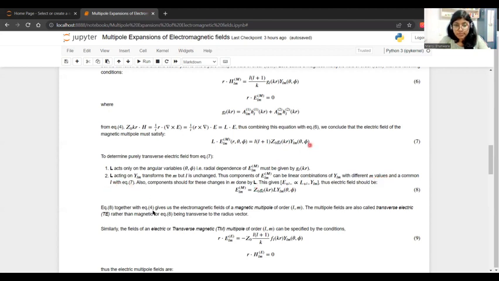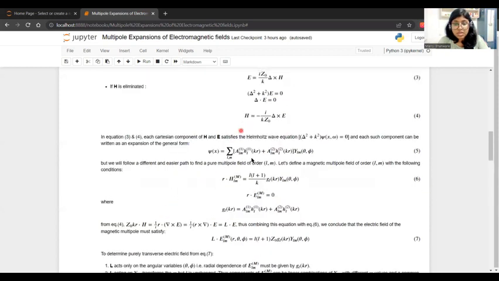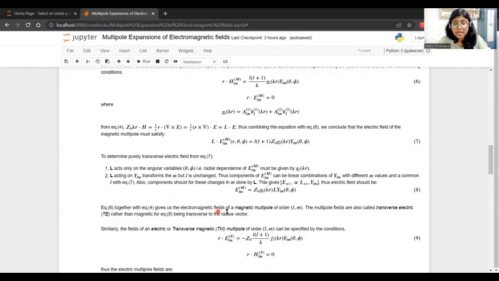Also, the components of E should compensate for the fact that m is changing because of L. This discussion gives us the equation for the electric field like this. Equation number 8, along with equation number 4, gives us the electromagnetic fields of the magnetic multipole.